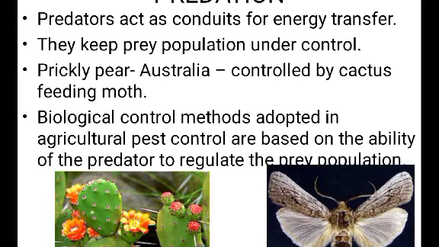Okay, and see, suppose in a new habitat, if you are introducing a new organism, what will happen? There won't be a natural predator for that. So what happens? That organism which is introduced will be going on multiplying. Then it will be difficult for the people to destroy that newly introduced organism.